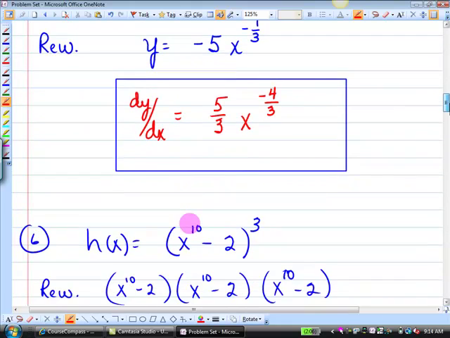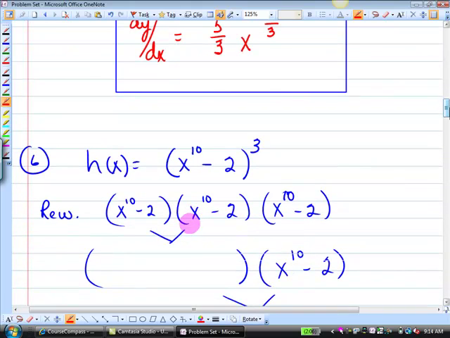Okay. All right. Now, this one, h of x equals x to the 10th minus 2, all of that cubed. If you've already had calculus, you're thinking of another rule that we don't have yet, so we're doing this the long way. So that's what we're going to do, and you'll just have to bear with me. All right, so something cubed means you multiply it by itself 3 times. So that's what I wrote on the rewrite line.